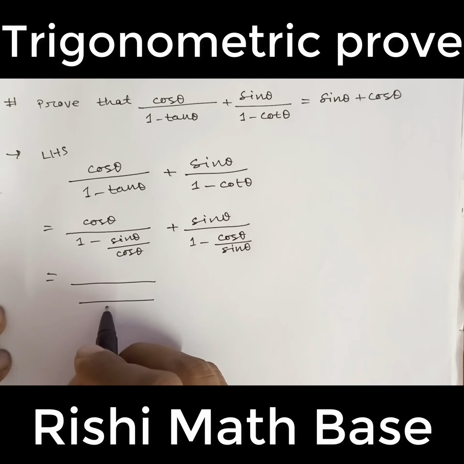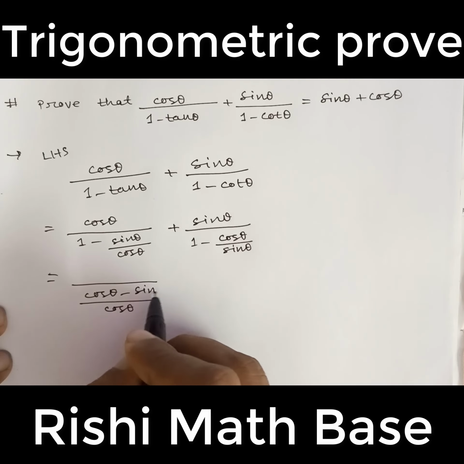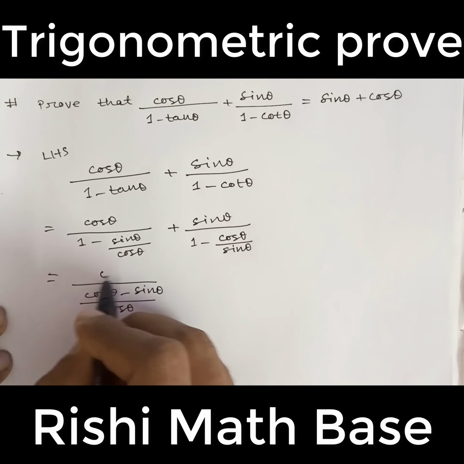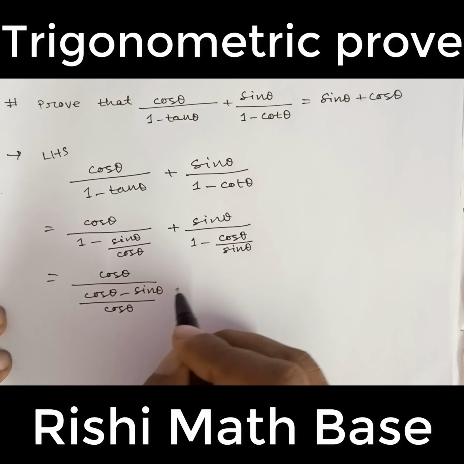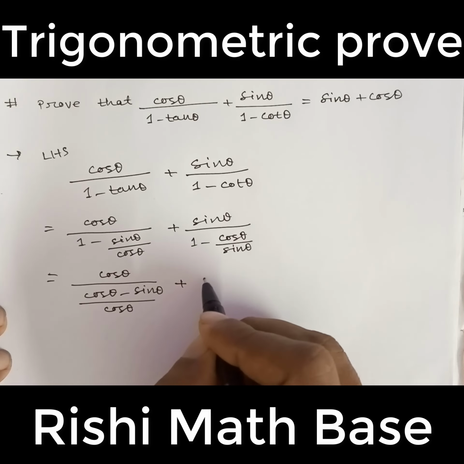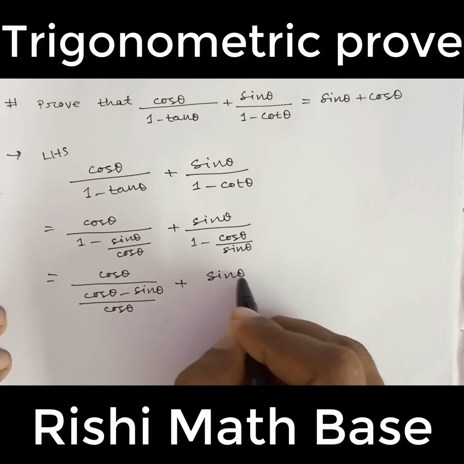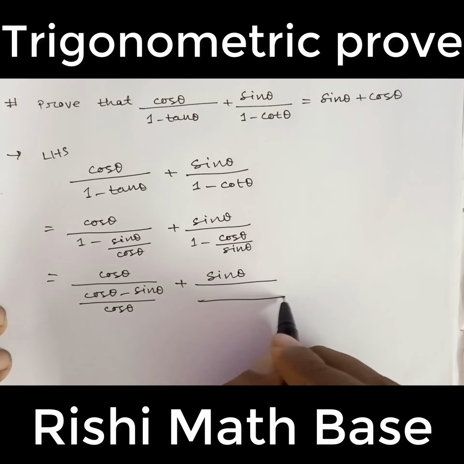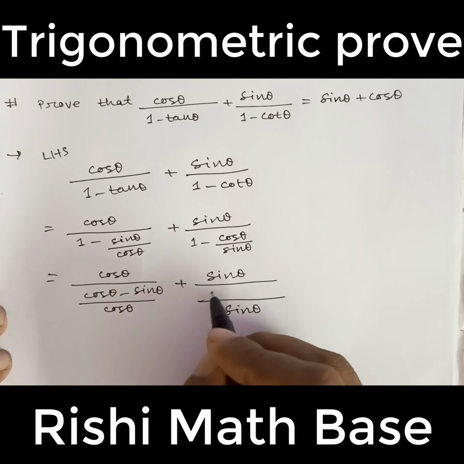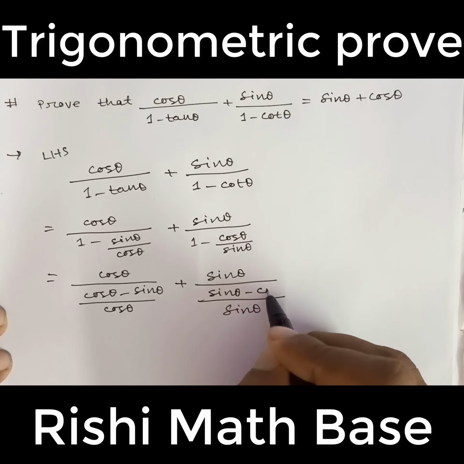Here we will take the LCM cos theta, so cos theta minus sin theta, and this is cos theta plus sin theta. Here sin theta LCM, so sin theta minus cos theta.